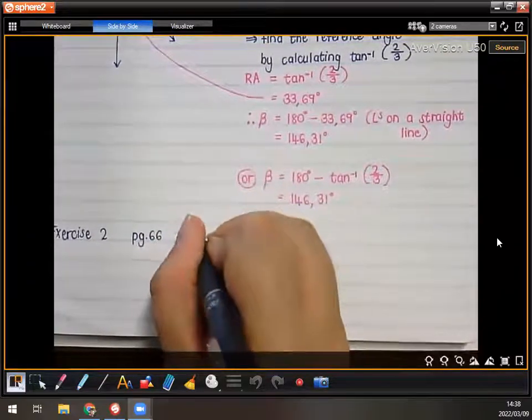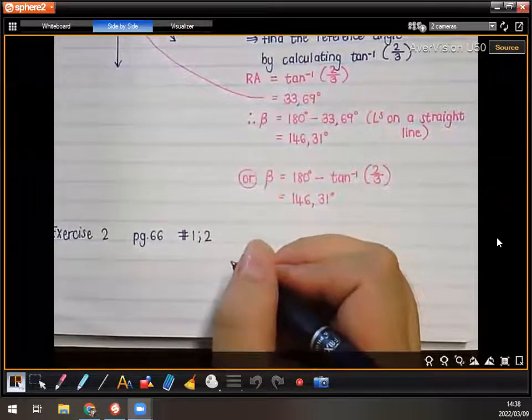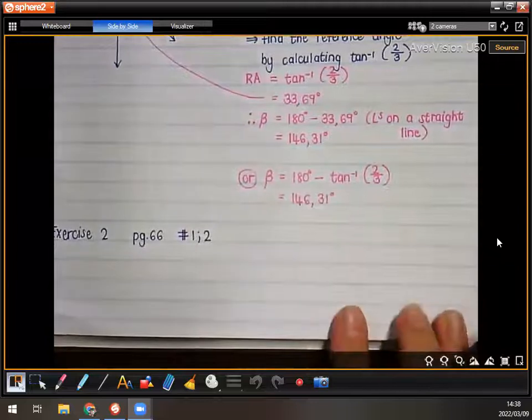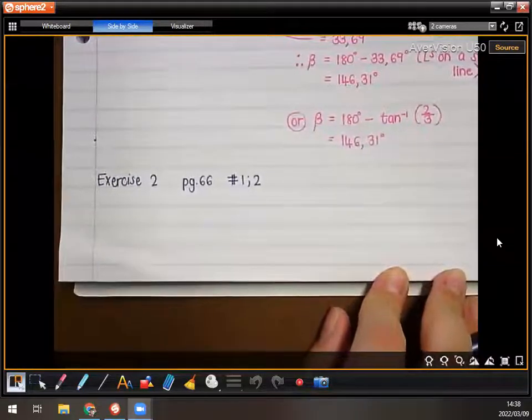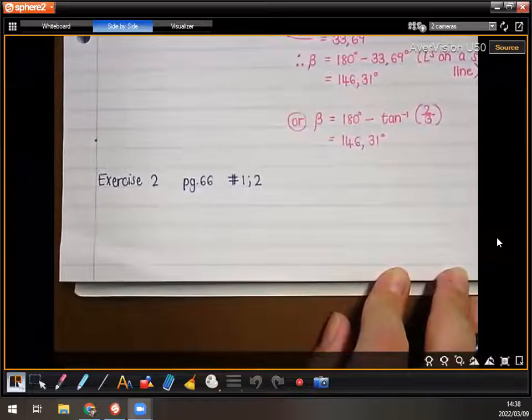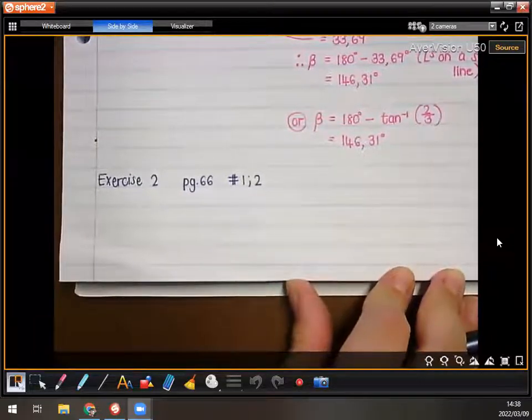Numbers 1, 2. No, let's just do 1 and 2 for today. We'll do number 3 tomorrow. Just write that down quickly, then I'll show you what those questions are.